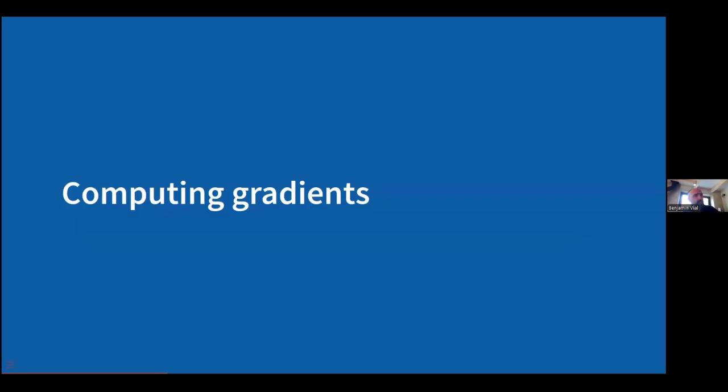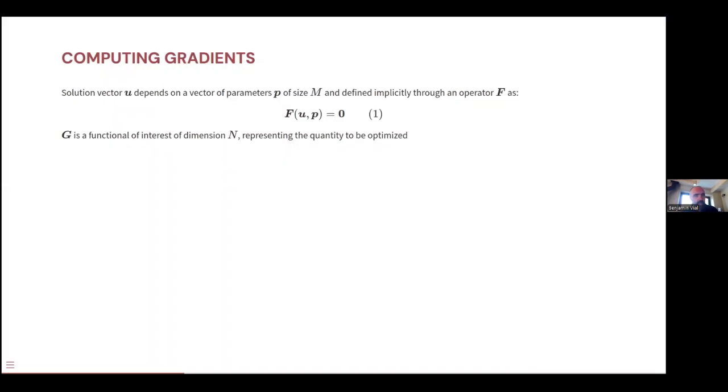So the next step here is to compute gradients, as I told you before. So let's assume you've got a solution vector U. In our case, it's going to be, let's say, the electric field that depends on a vector of parameters P of size M, and that is given implicitly through this operator F that you can think of as Maxwell's equation in photonics.